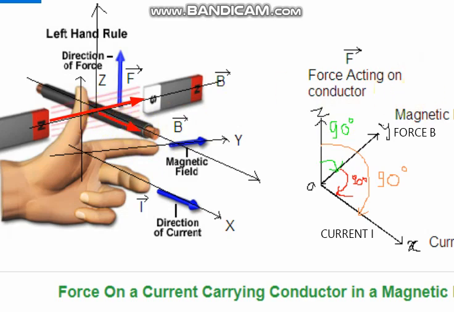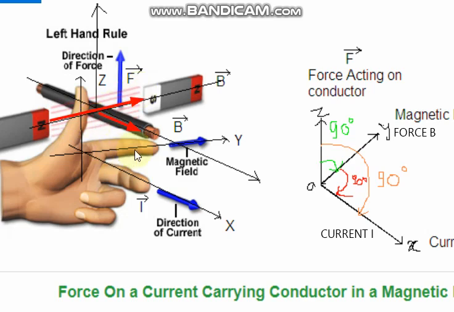So this is the angle between L and B, and you can see that it is 90 degrees in this case, because the wire is placed perpendicular to the direction of the magnetic field.